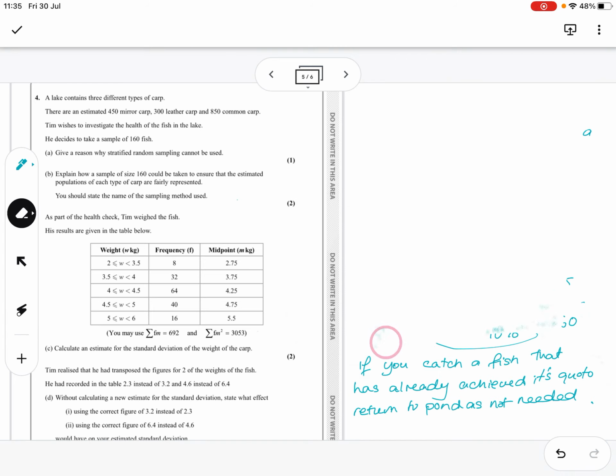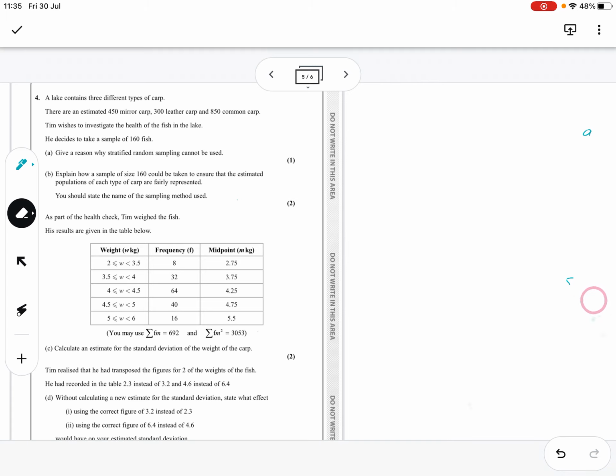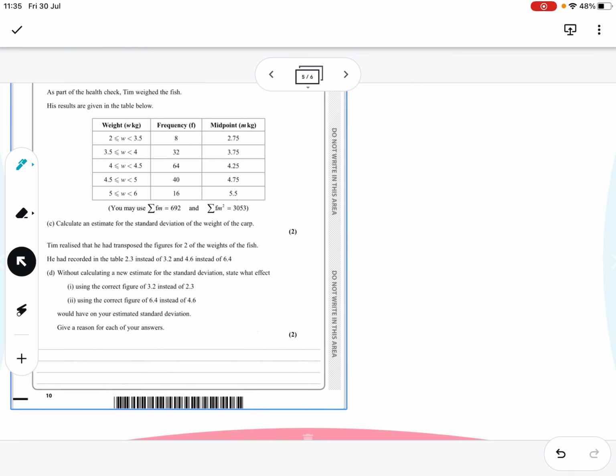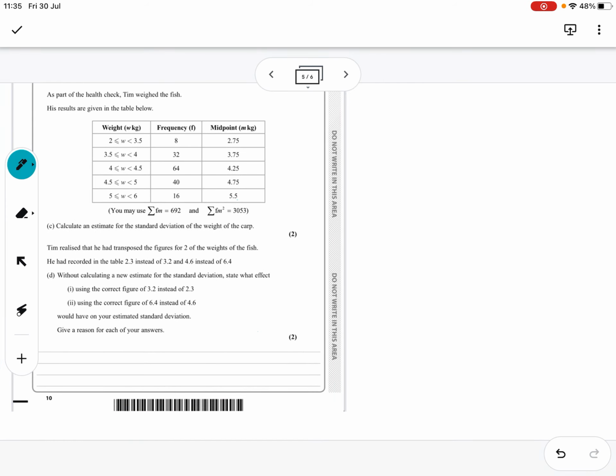The next bit we're looking for is, as part of the health check, he wants to check the weights. So we've got this information, calculate an estimate for the standard deviation. Standard deviation has a formula like this: the square root of the sum of x squared over n, minus the mean squared.